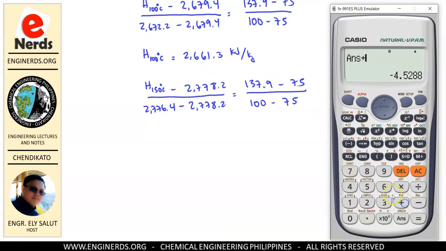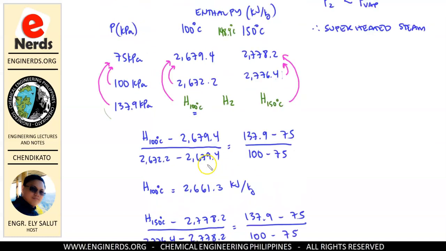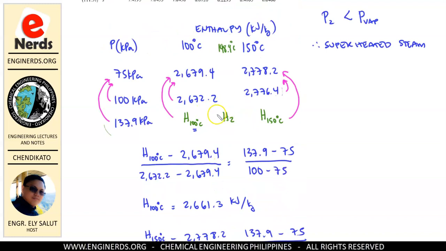So, we're going to add that. So, plus 2,778.2, which is equal to 2,773.67. No? So, our H 150 degrees Celsius is equal to 2,773.67 kilojoule per kilogram. So, hindi pa natin nakukuha yung gusto nating makuha, which is H2, no?